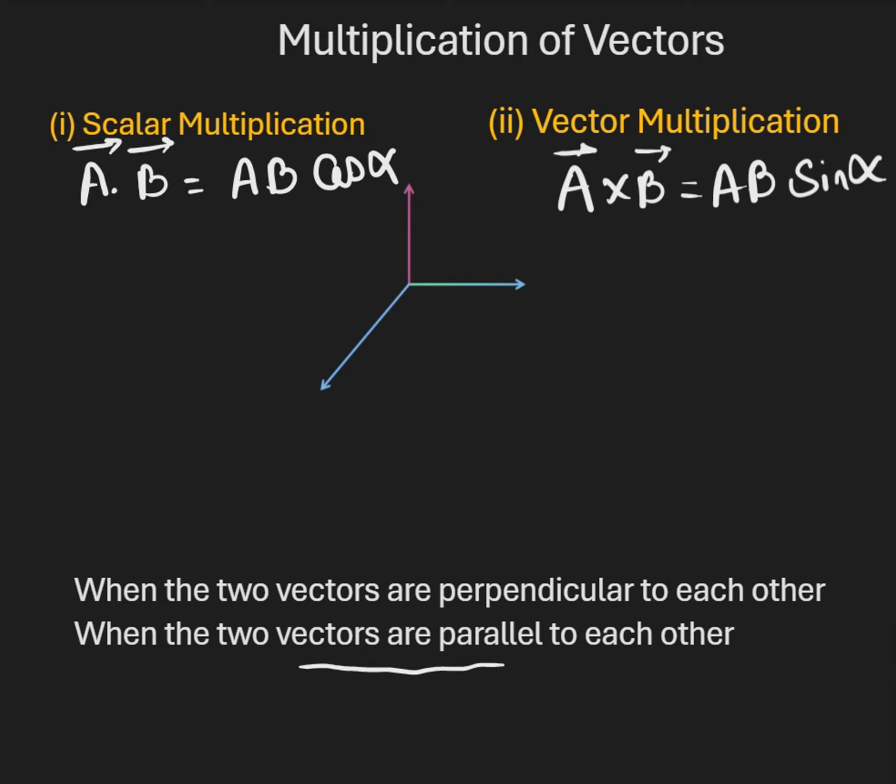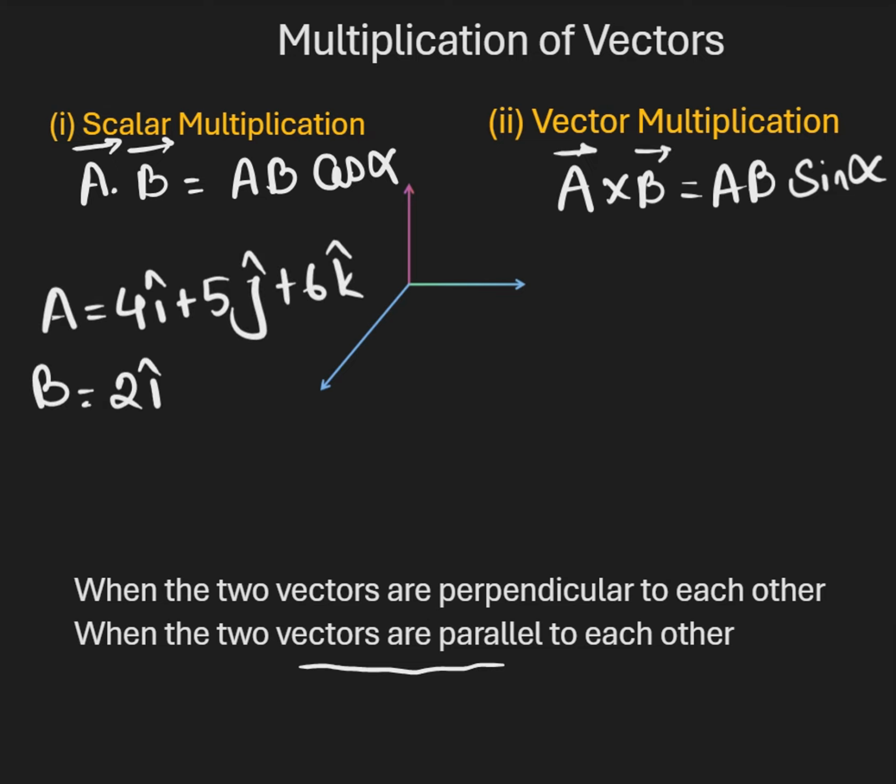Now let's consider a vector, say A equals 4i plus 5j plus 6k. Another one, B equals 2i plus 6j plus 7k.